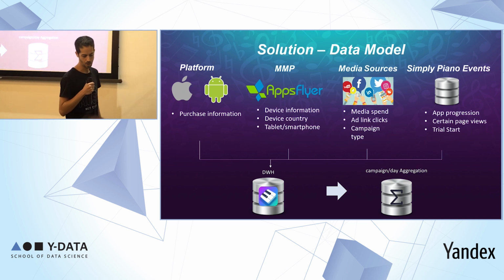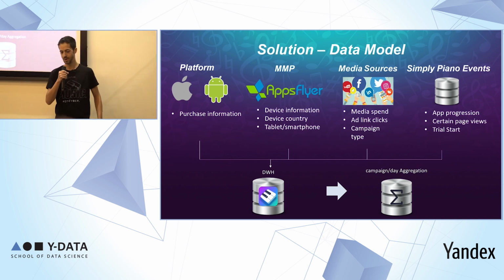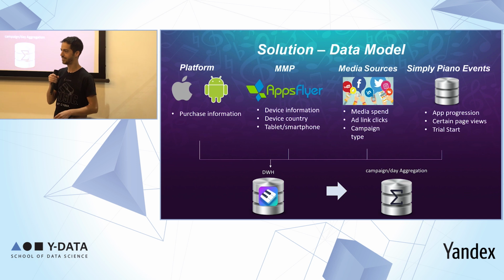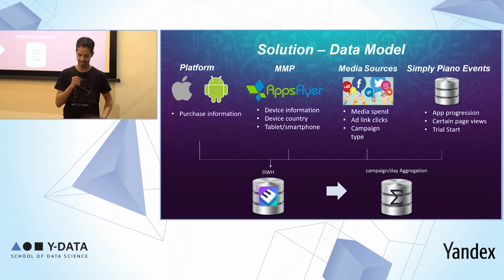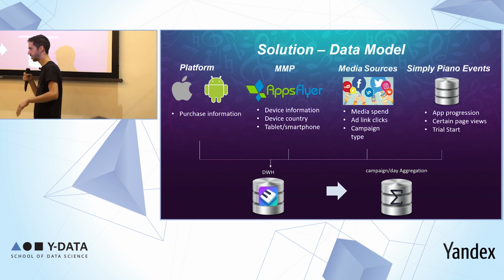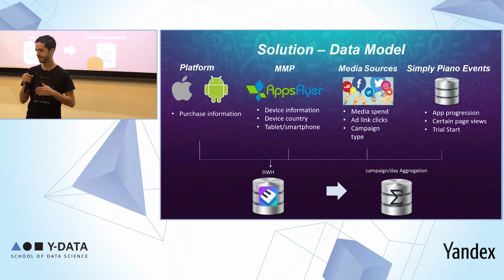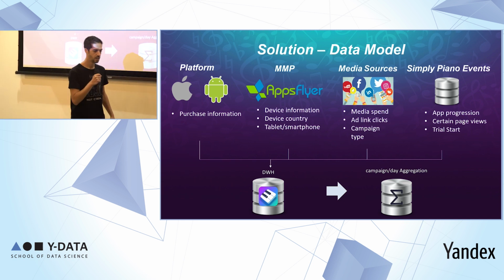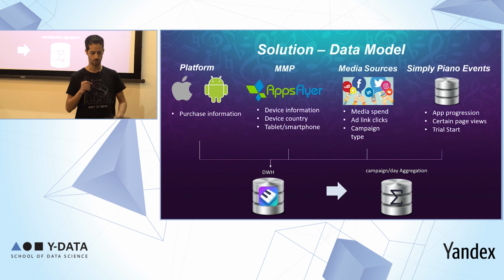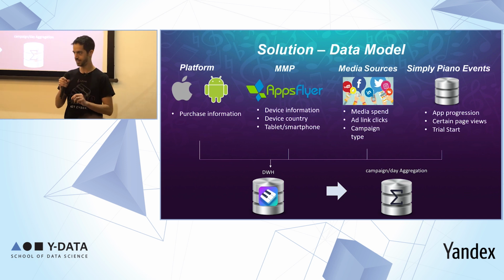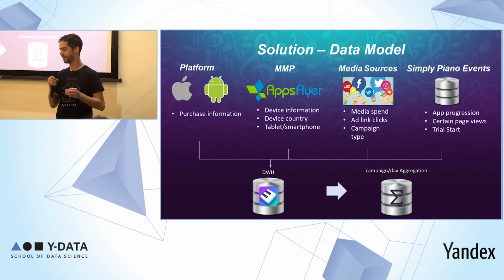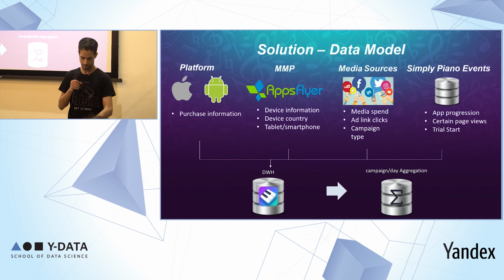So we combine all this and store it in our data warehouse, and then we create the training set, where each row represents the crossing between a date and a certain campaign.